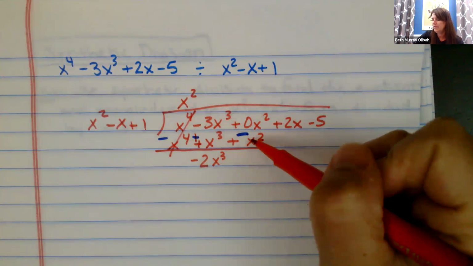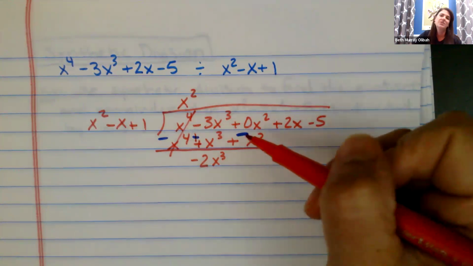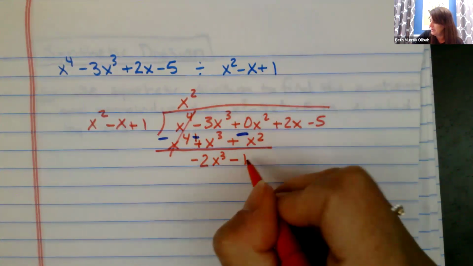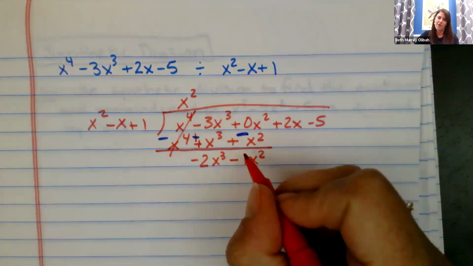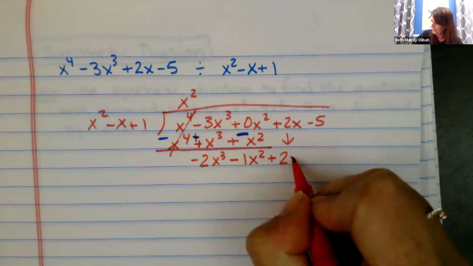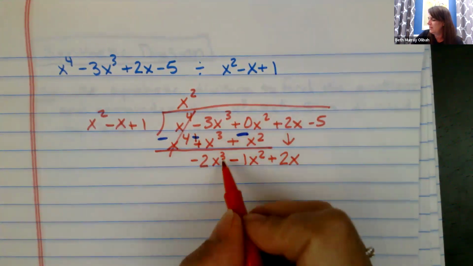And then here, careful, if you rush, you see a 0 and a 1, you think it's just going to be a 1. But remember, we are subtracting. So 0 minus 1 needs to be negative. You don't have to write the 1 there. I'm just writing it. Make sure. Bring down the next thing, and we start again. What would I need to multiply x squared by to match this?